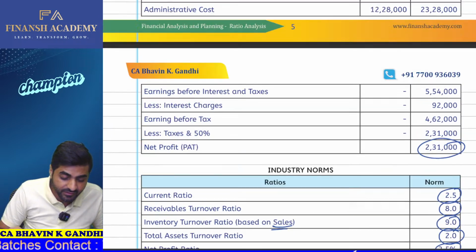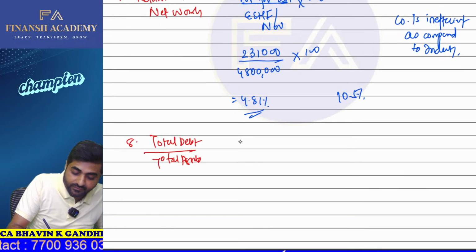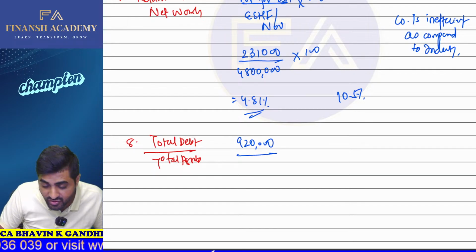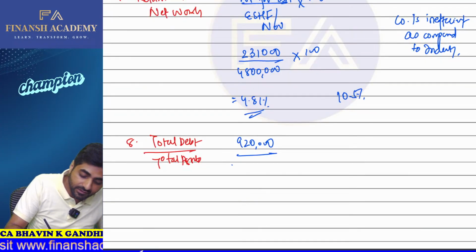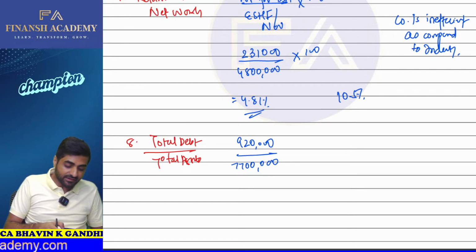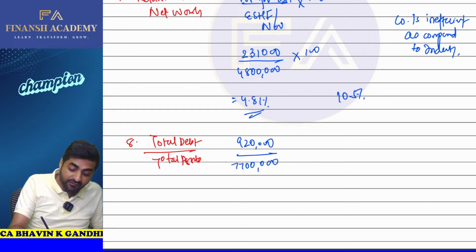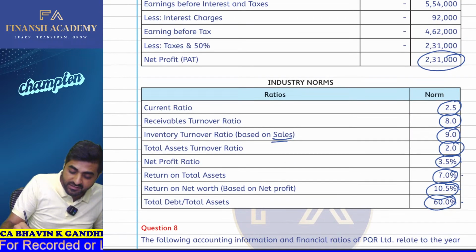We have the debt available as 9,20,000. And what is the total assets? We have the total assets also available here, which is 77 lakhs. So 9,20,000 divided by 77 lakhs into 100 will be 11.95%, and the industry average is 60%.